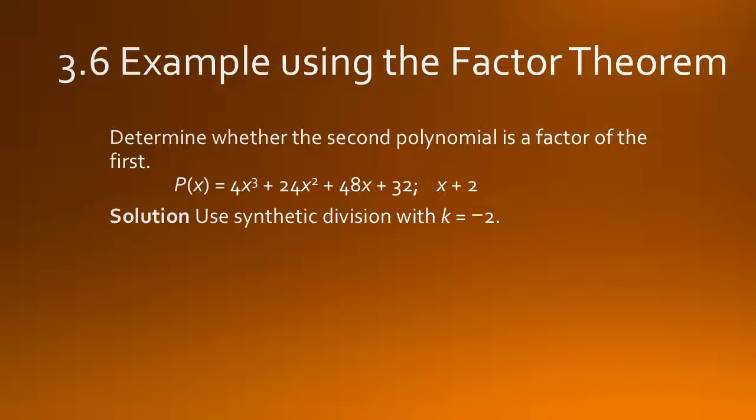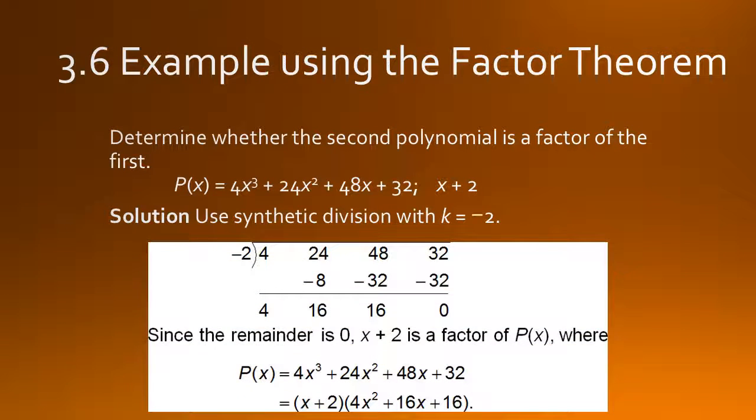So we're going to use synthetic division, and our k is going to be negative 2. Remember, when they give you the factor, the x plus 2, you go with the opposite sign. If they give you the number, as opposed to x plus or minus number, if they just give you the number, then you keep the sign. And here we're using synthetic division, and we get a remainder of 0.